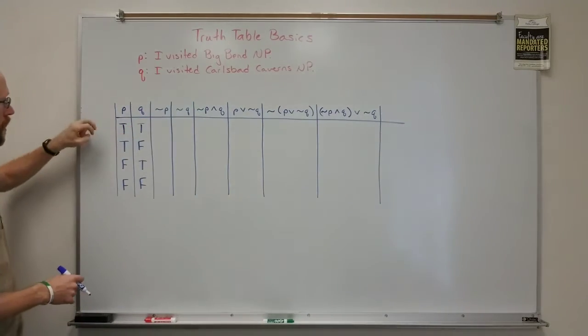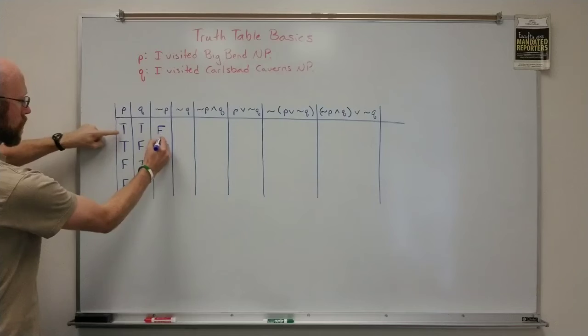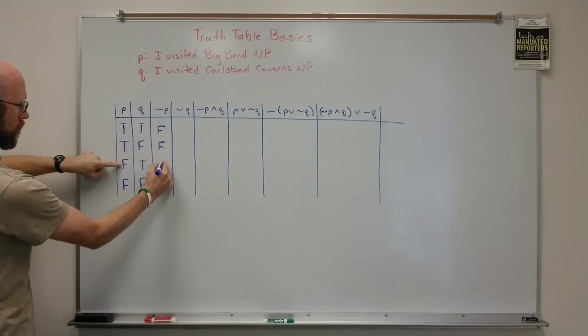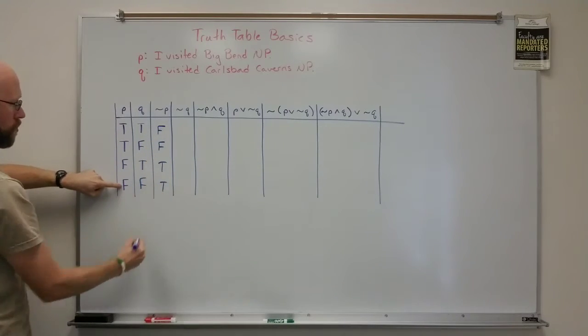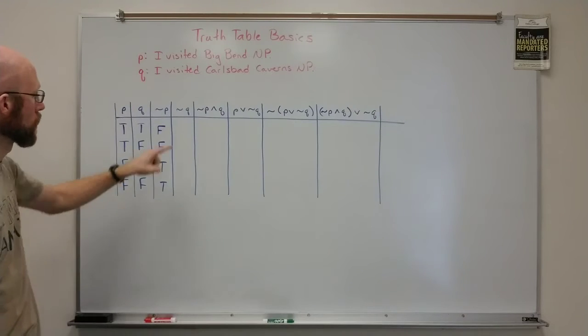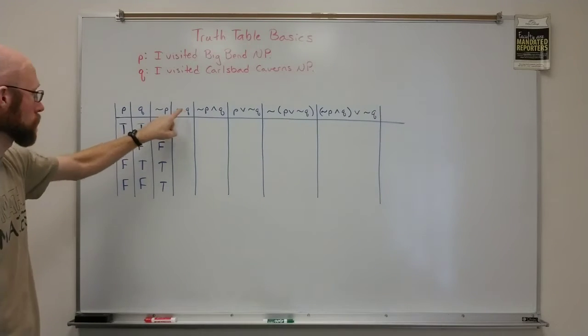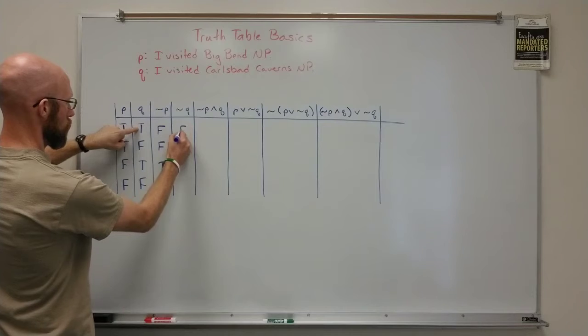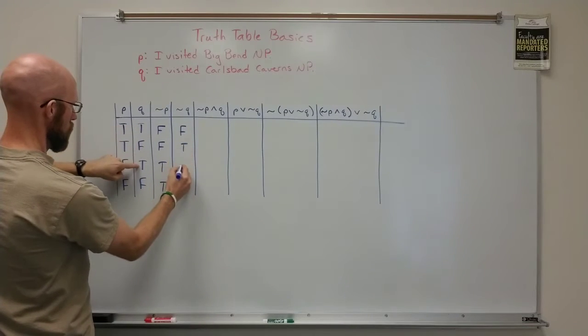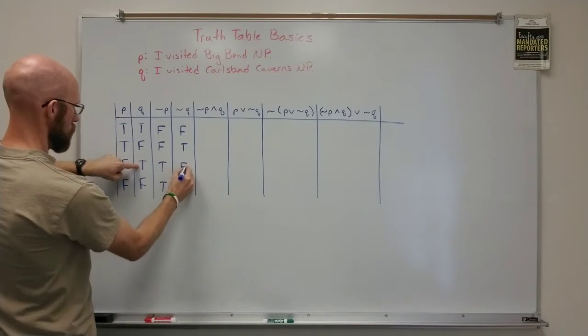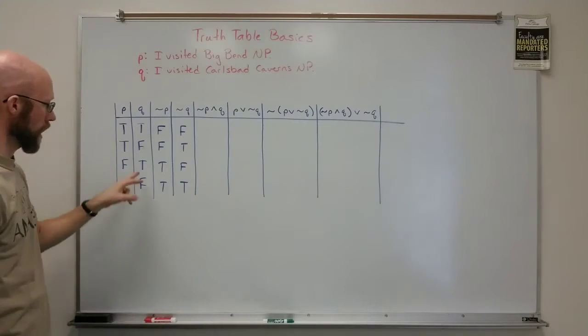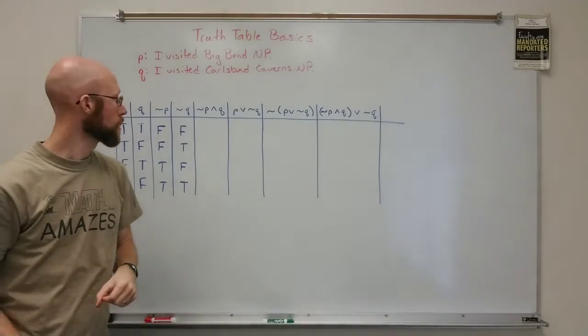So not P would be false, false, true, true. It's the opposite of P. Not Q, or the negation of Q, would be false, true, false, and true, right? It's the opposite of whatever Q is.